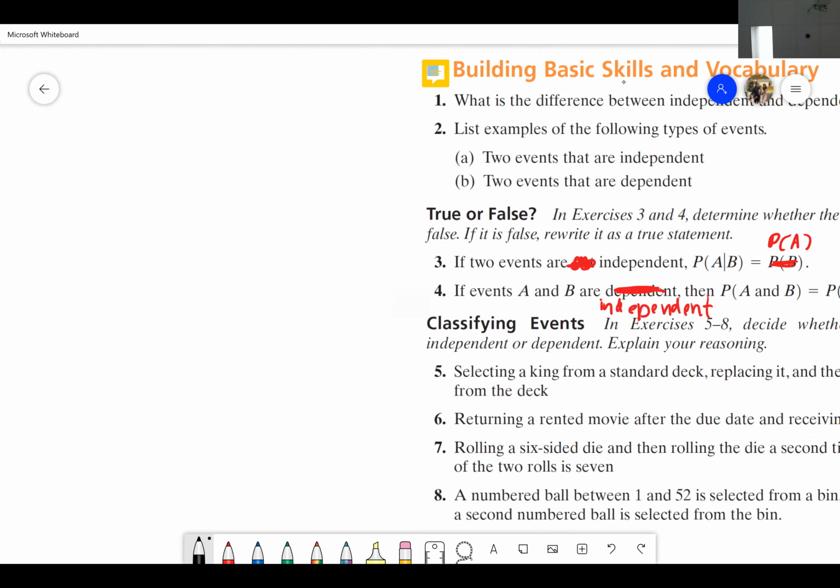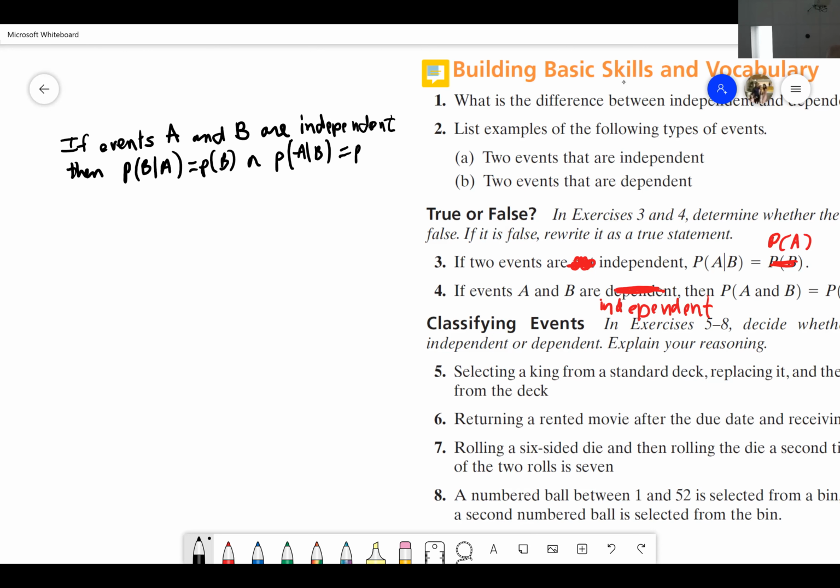If events A and B are independent, then the probability of B given A equals the probability of B, or the probability of A given B equals the probability of A. Else they are dependent. That's one of the rules. It's not really a rule, it's more like a definition.